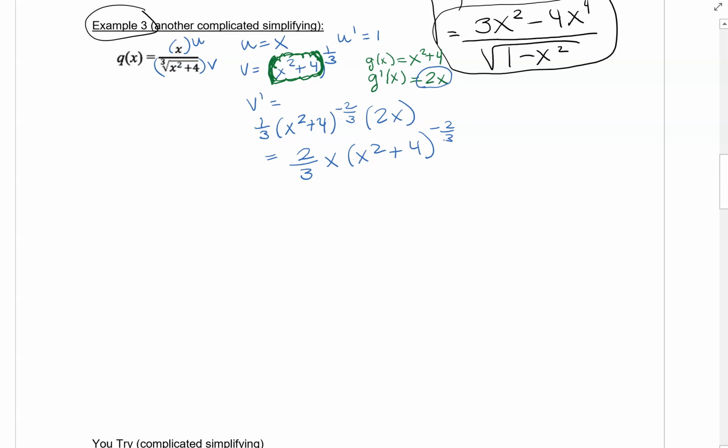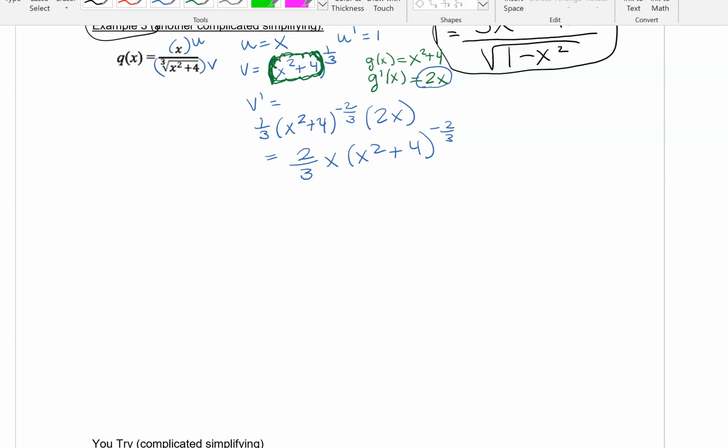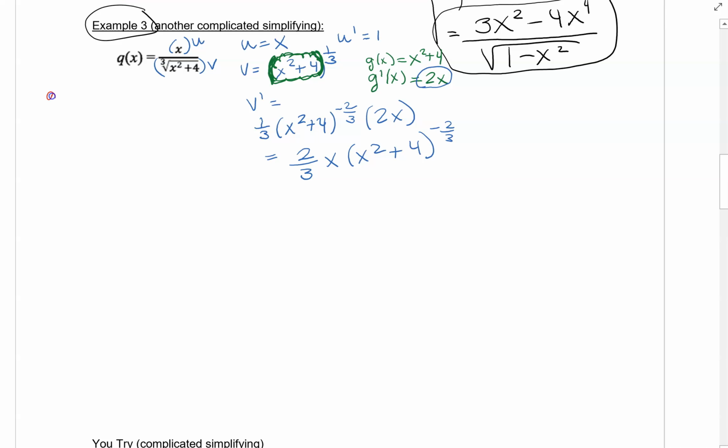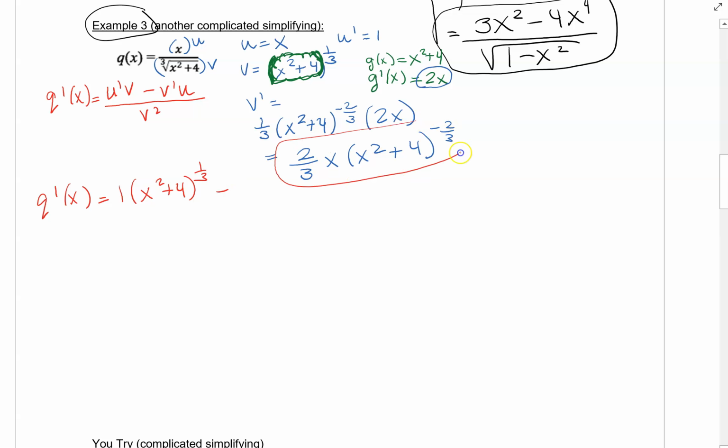And then for the derivative of q, I'm going to use the quotient rule. So q prime is going to be u prime v minus v prime u, all over v squared. So if I plug all these in, u prime was 1 times v, which is x squared plus 4 to the 1/3, minus v prime, which is this whole thing, right?